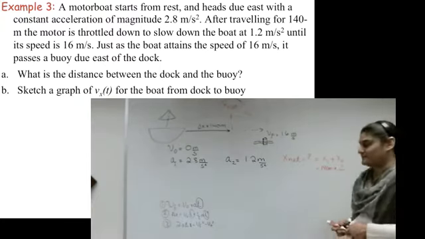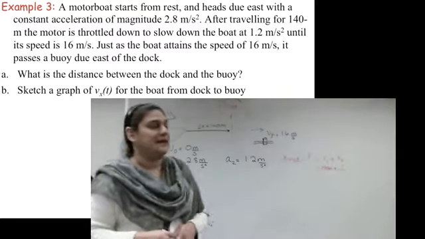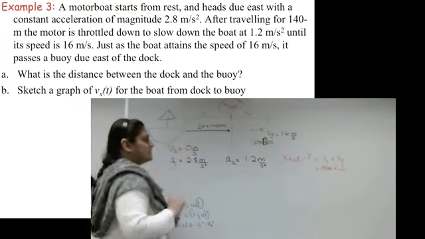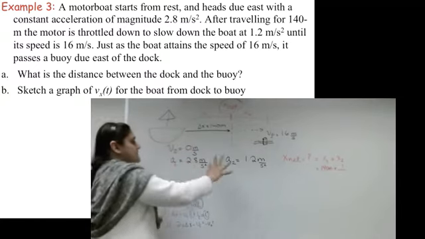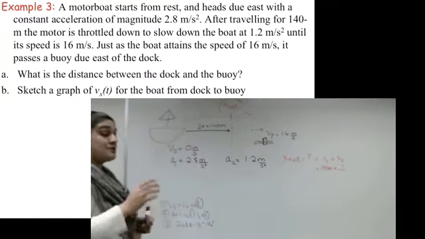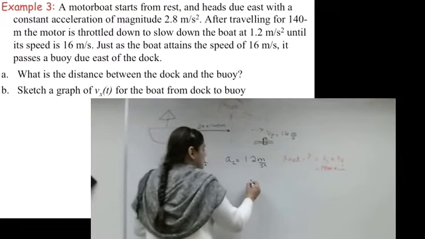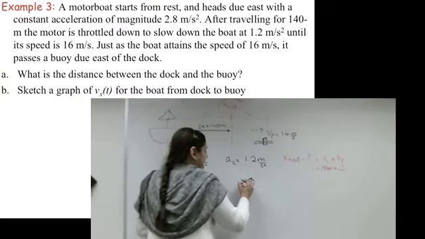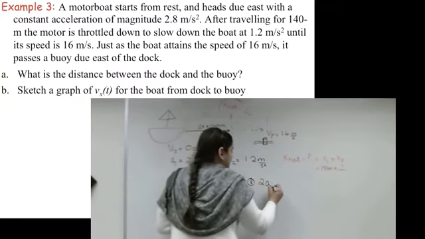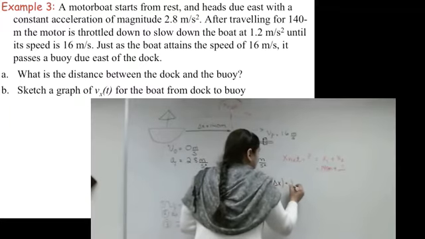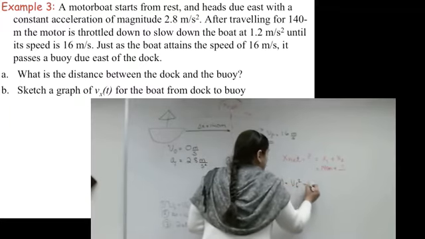That's what I'm looking for. Now how do I find that? In order to find x2, I have all of this information that's going to help me. For example, if I use my equation number 3, I have 2a delta x equals VF squared minus V naught squared.